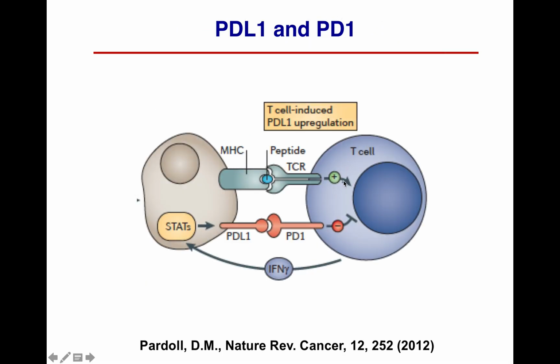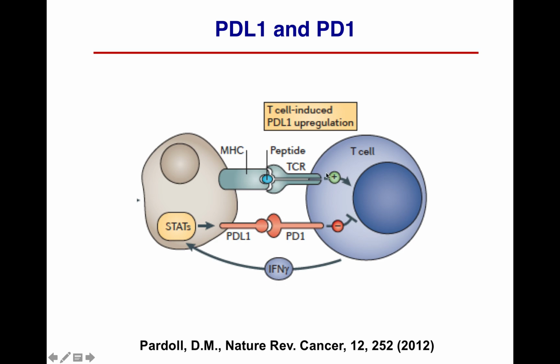So remember, PD-L1 and PD-1 interact with each other, and this will block T cell activation. Whereas the MHC1 peptide and T cell receptor interaction leads to activation. Just so you're aware, what's left out here is CD3 and CD28.